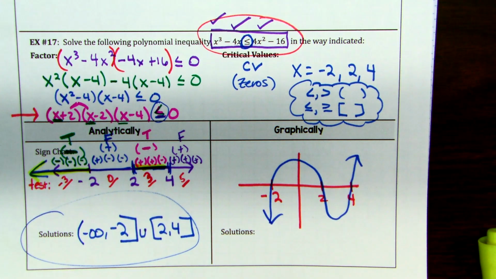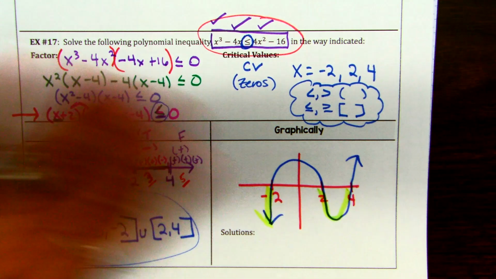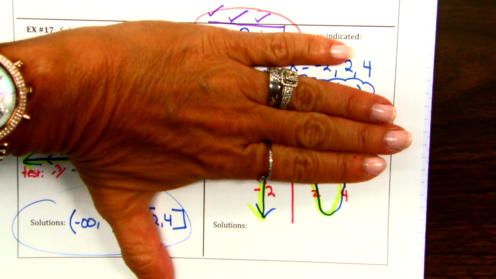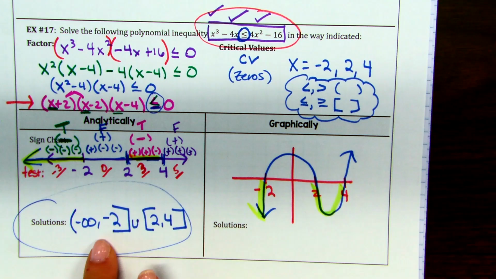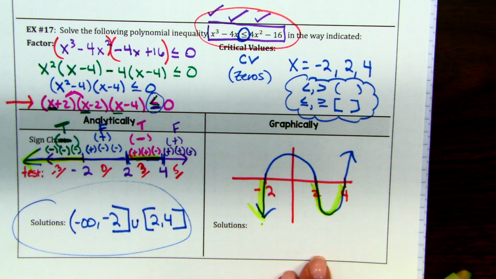What we're asking, if we could have just done this graphically, we would have said, all right, what parts of the graph are less than or equal to 0? That's these numbers and these, right? And that's what we found algebraically, from -infinity to -2, and then from 2 to 4. So you can see it in a graph a lot better, right?